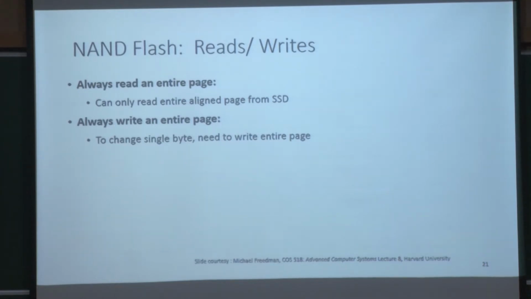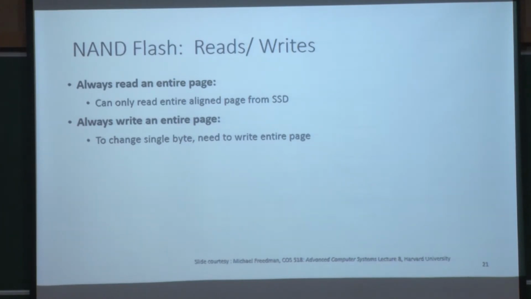So if you have 4 kilobytes worth of data and I have a page that is in an erased state, I can just drop that data onto the erased page. What I cannot do, however, is in-place updates. So if I have a page that's sitting in my NAND Flash device, a 4 kilobyte piece of information, which is, let's say, a piece of my file.